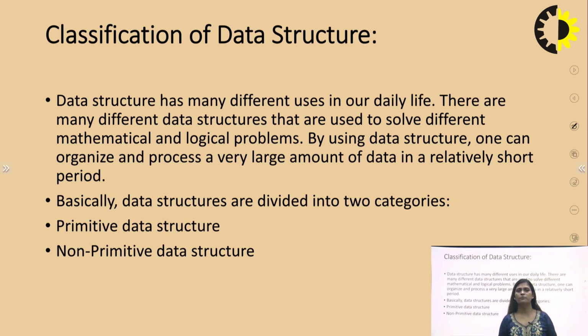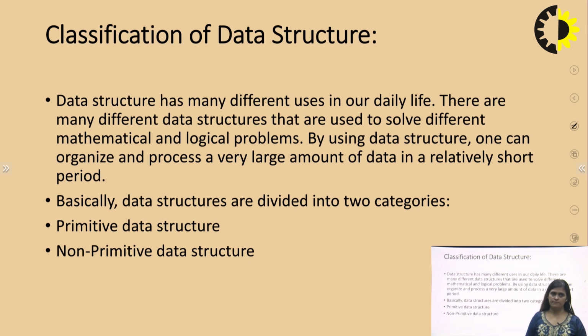Data structures have many different uses in our daily life. There are many different types of data structures used for various types of problems that arise in industrial, organizational or day-to-day situations. By using data structures, one can organize and process a large amount of data in a short time.